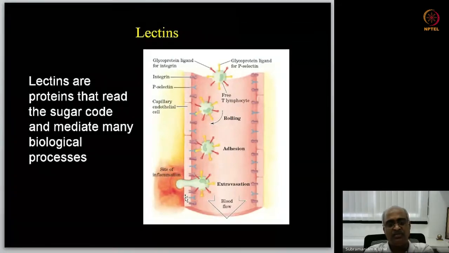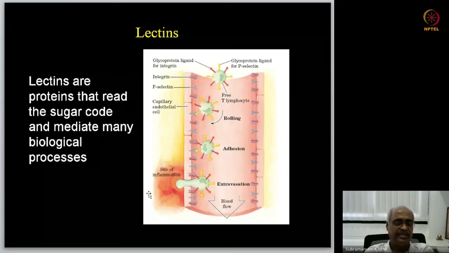At the site of inflammation, you have many more of these interactions, with integrins and selectins binding to different cell surface glycoproteins, and they stop. Once they stop, they migrate through the endothelium, the blood vessel wall, into the tissue where you have inflammation, to take care of the infection there.